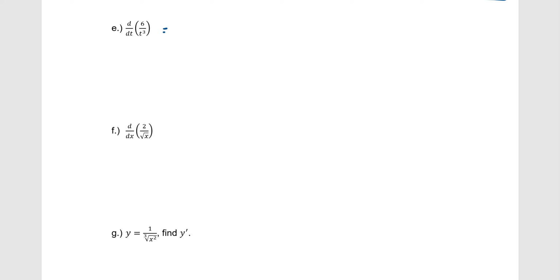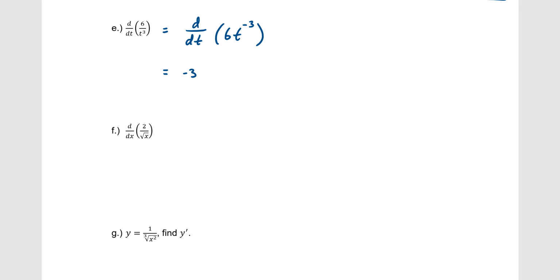Next one, we want d/dt of 6 over t cubed. So once again, before we do anything here, we need to rewrite this as a power function. 6 over t cubed would be rewritten as 6t to the negative 3. Okay, so for this one, we're going to multiply the negative 3 out front. I'll do the negative 3 first.